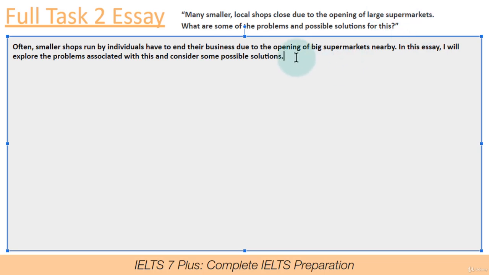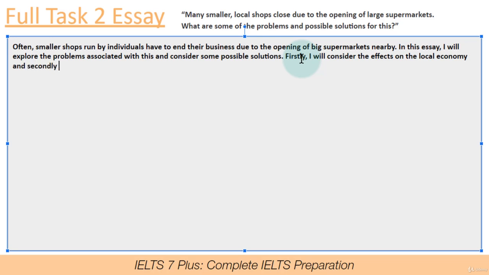Once again, if you come across a problem solution question, you can pretty much just copy this exactly letter to letter. Okay, firstly, I'm not going to say both 2 problems. I'm just going to talk about the first one. I will consider the effects, one moment, on the local economy.